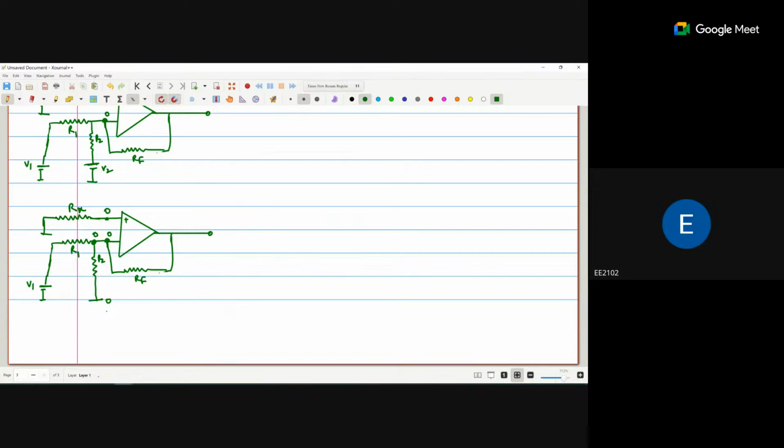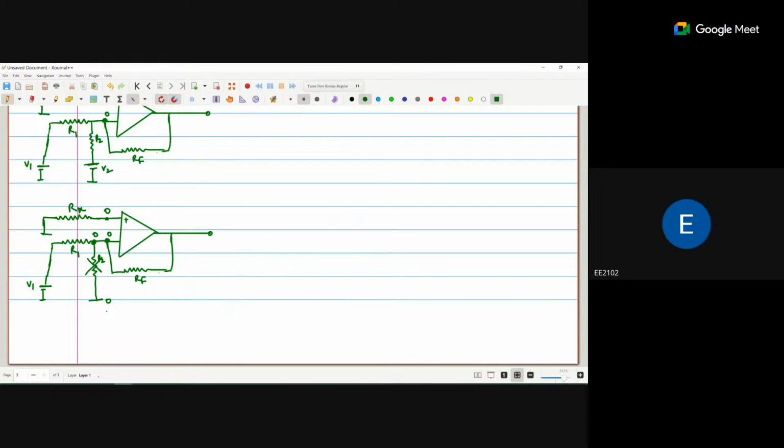Okay, so if both terminals of a resistance are connected to 0 volt potential, there is no use of this resistance. Either we connect it or we remove it, there is no effect.